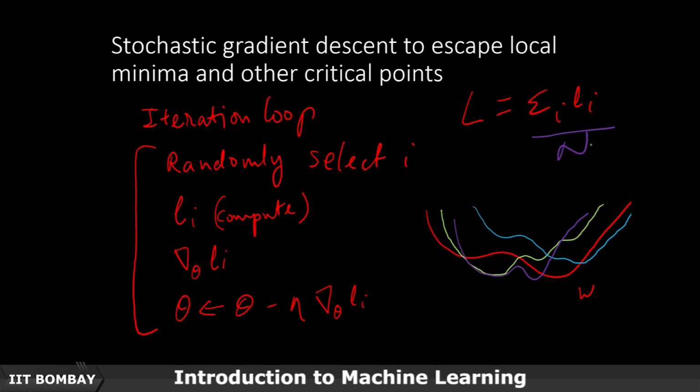So the average of all the other losses is the red loss, which is the entire loss. And what we are interested in is minimizing the loss for all training points, not for a single training point. Yet we are going to do updates that are based on single training points.